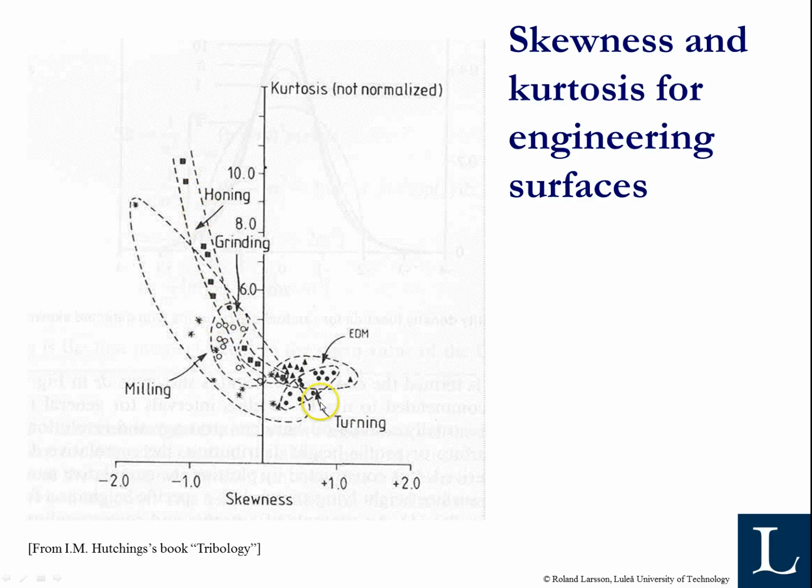While a turned surface without any after treatment has a positive skewness, and you should then use some grinding to get rid of that positive skewness. You can see here that if this is a turned surface, these are the ground surface, you actually move them to a negative skewness when you do the grinding.